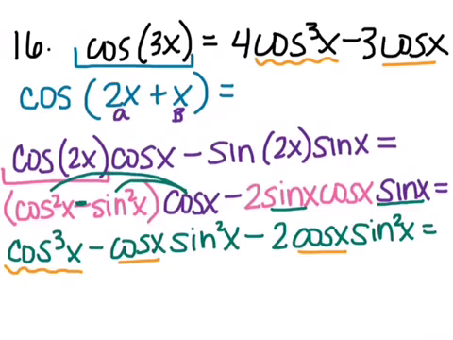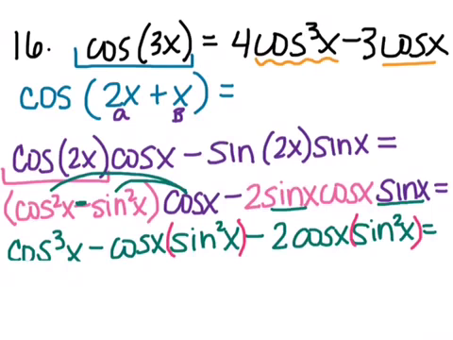So because our goal is just cosines, I actually need to get rid of these sine squareds. And you know, the first identities that we worked with were cosine squared plus sine squared equals 1. And that's what I'm going to use here. I'm just going to substitute in for my sine squareds. Sine squared is the same as 1 minus cosine squared.